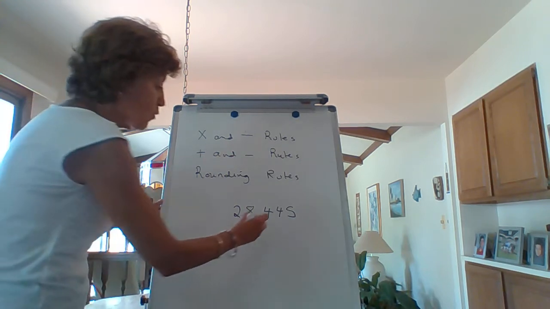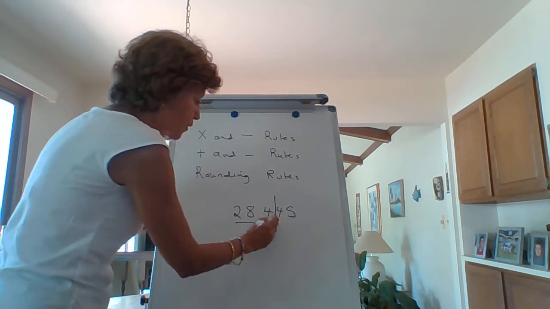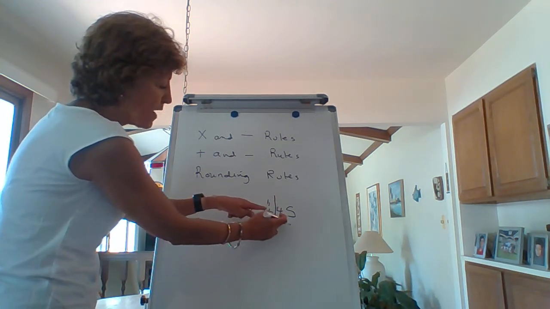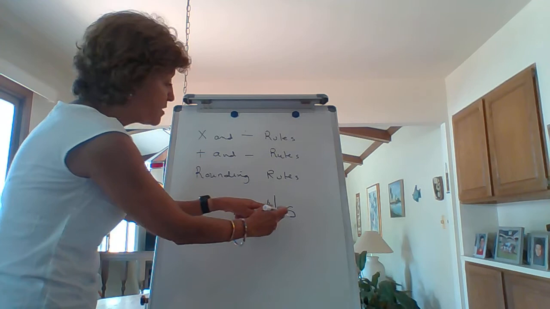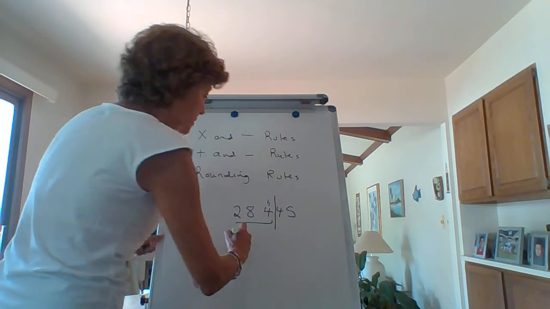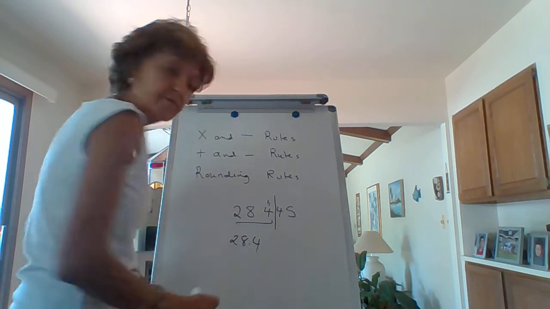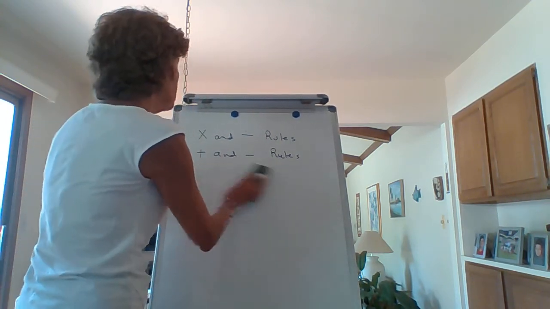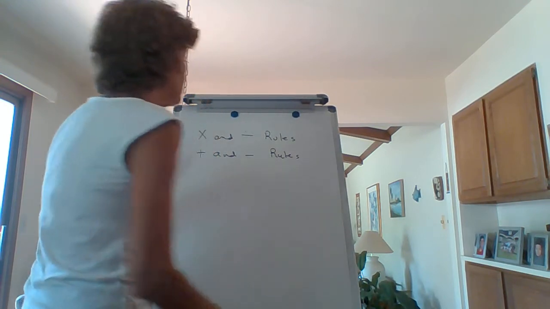No. If you want 3 sig figs, you focus on this digit here. What is the number right behind this digit? It's below a 5. You can't round up. You stay. So it'd be a 28.4. Okay, so that deals with the rules of rounding, and we'll use them as we do some calculations.